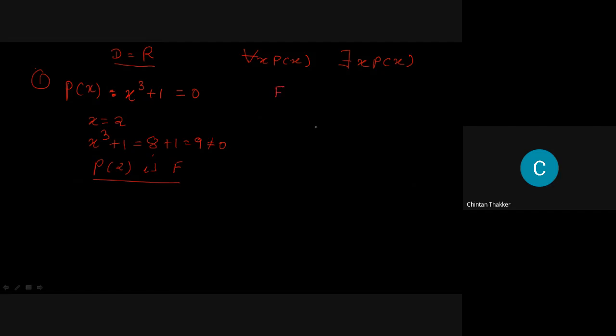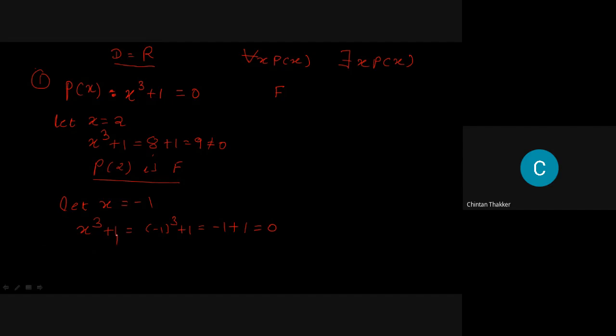So here we have false. Now there exists x px. For there exists x px, here we take let x equal to -1, then x cube plus 1 equal to -1 cube plus 1. The -1 cube is -1. The -1 plus 1 is equal to 0.